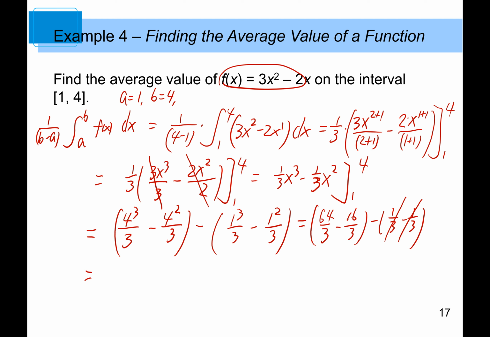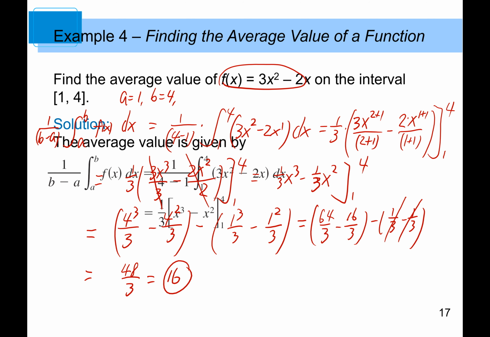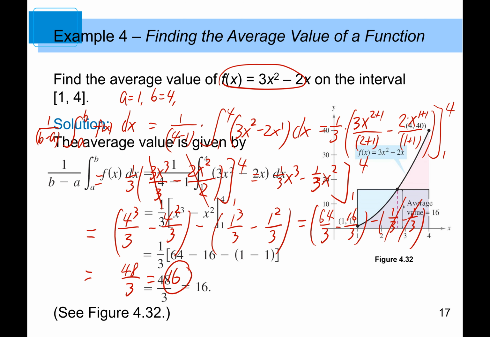Since they are like terms, 48 over 3, and 48 over 3 becomes 16. So the average value of f of x equals 3x squared minus 2x is going to be 16. You can look at the detailed solutions on average values right there. Okay.